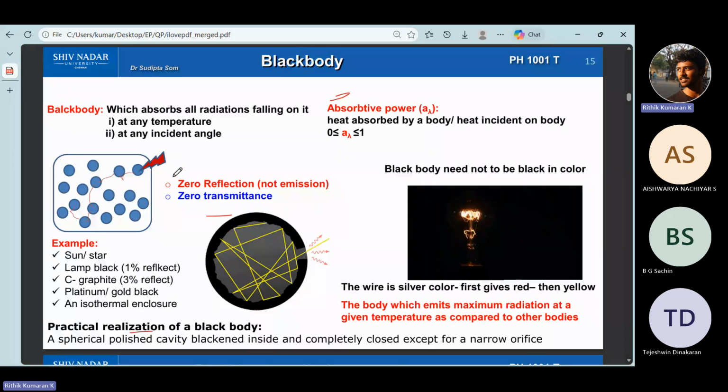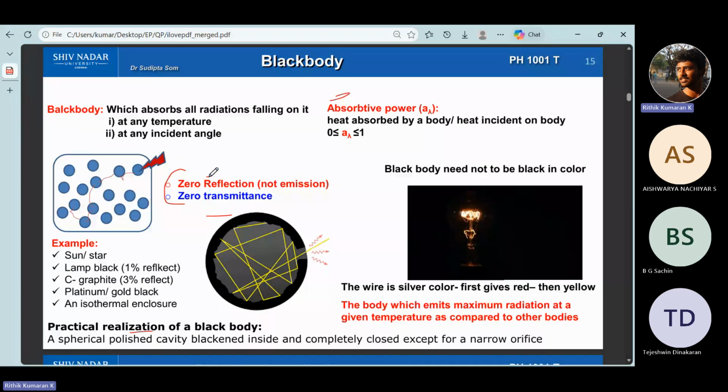And you should see that the black body has zero reflection and zero transmittance. Why? Because everything that falls on the black body will be absorbed, because it's a perfect absorber, right? So if radiation falls on a black body and it reflects, it means that it is not 100% absorbent. So a black body cannot have reflection.